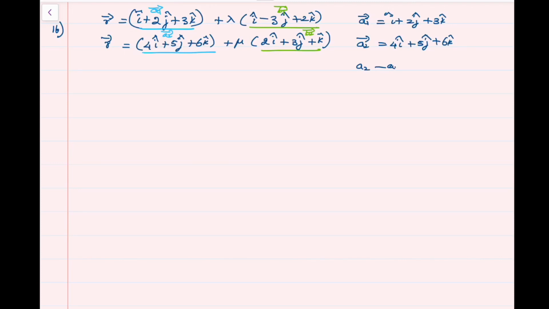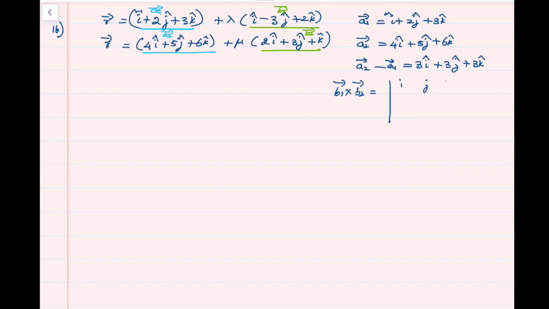Let us find vector a2 minus vector a1, which is 3i plus 3j plus 3k. And we need to calculate vector b1 cross vector b2.